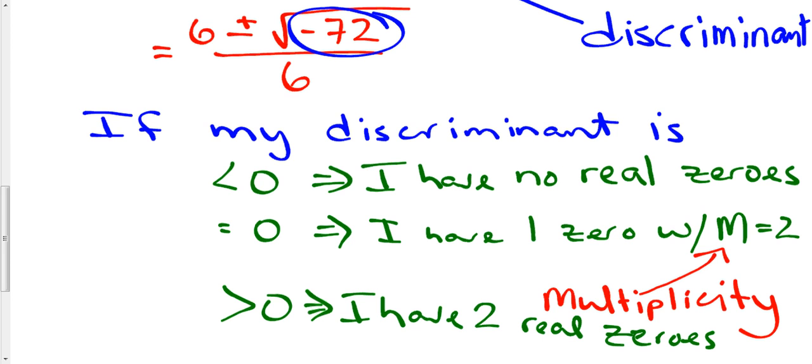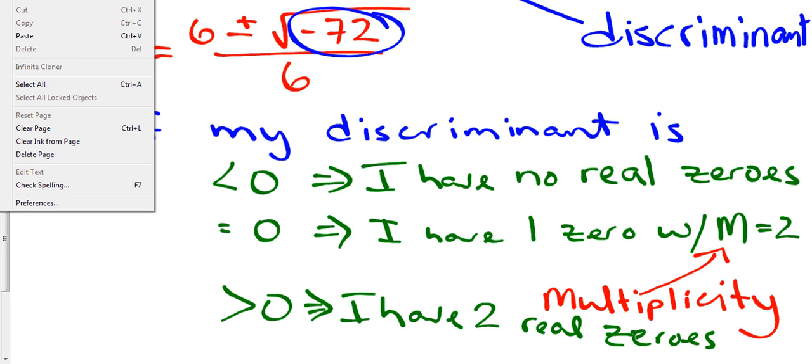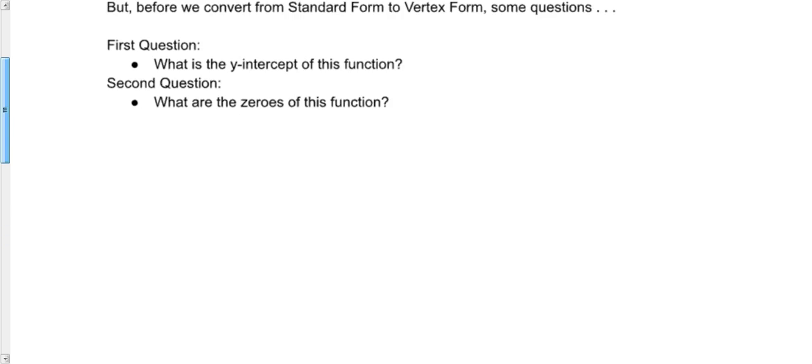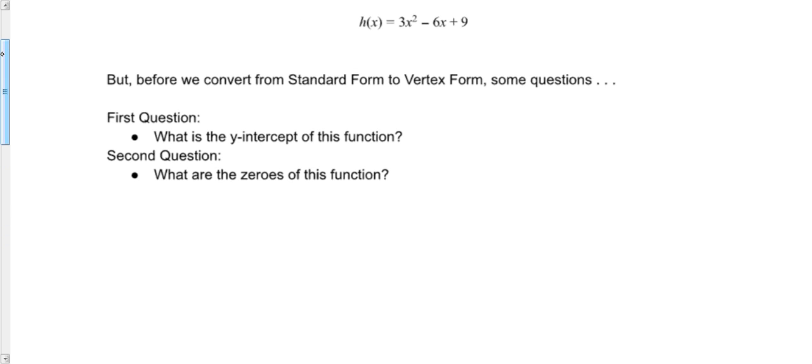All right. I'm going to clear ink. Bam. And now we're going to go back to the whole point of this, which is to convert this to vertex form. Yeah, you forgot why we were here, because I got on a tangent. There's a lot packed in this page. That's why we spent so much time on it.